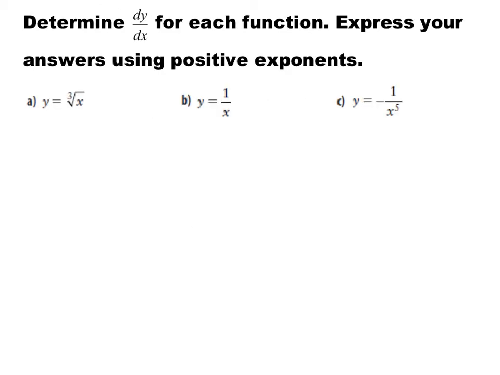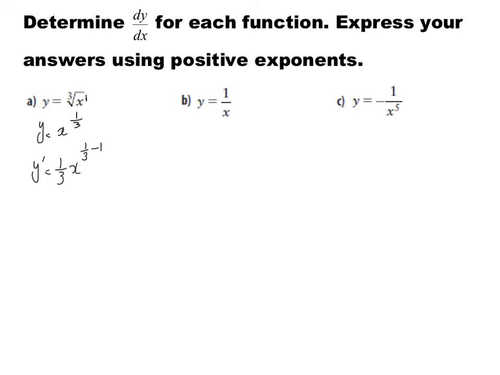The next question says, evaluate dy over dx, which is the same as y prime, for each function. Express your answers using positive exponents. The first one, I can write that y is equal to x exponent 1 over 3, because x here is exponent 1, and then y prime is 1 over 3 x exponent 1 over 3 minus 1.